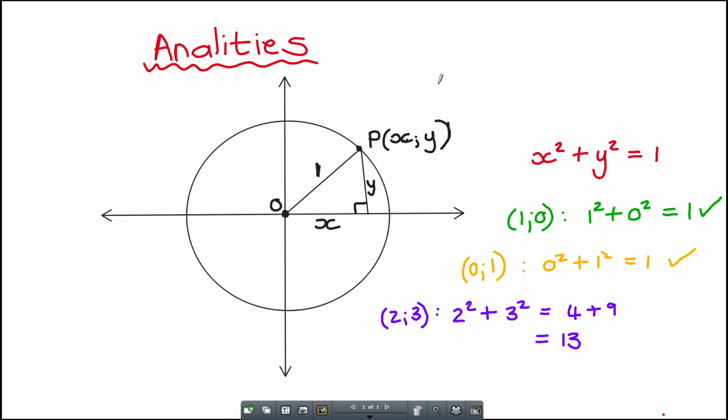So that would not be on the circle. That would be a point outside the circle. Okay, so on your notes it said that 13 is actually greater than 1, and because of that, therefore, outside of the circle.